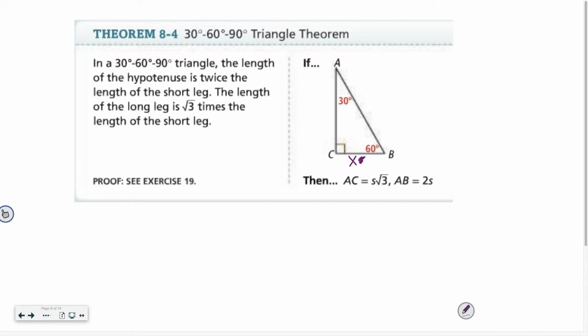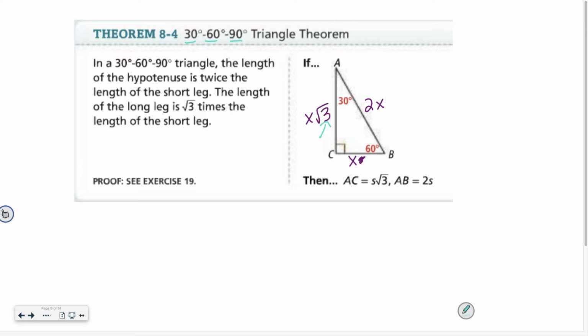Okay, so the short side is X. The hypotenuse is 2 times X. And then the long leg is X times the square root of 3. One of the biggest errors I see students make is they do X times the square root of 2, but the way that I try to help them remember that it's the square root of 3 is, see how we have 3 different angle measures?